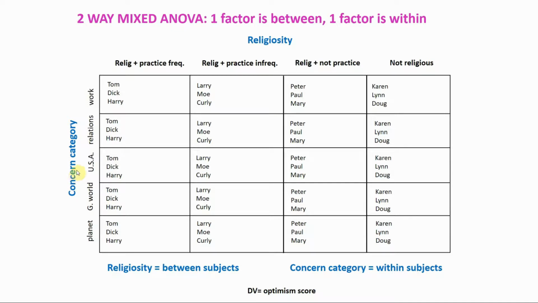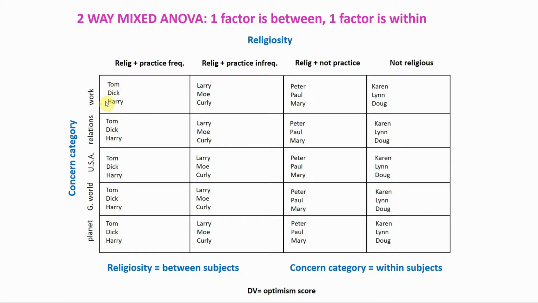These are 5 levels of concern category. Because every participant was asked these questions, so every participant contributed a score to the work question, the relations question, USA, global world, and planet, that makes this factor within subjects.